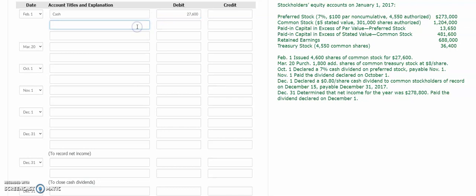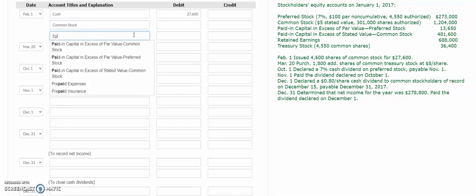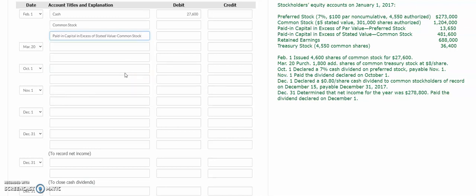We're going to credit our common stock account and our paid-in capital in excess of the stated value on the common stock. And the reason why I know it's the stated value is because when I look at the information provided in the data, we see that common stock has a $5 stated value.